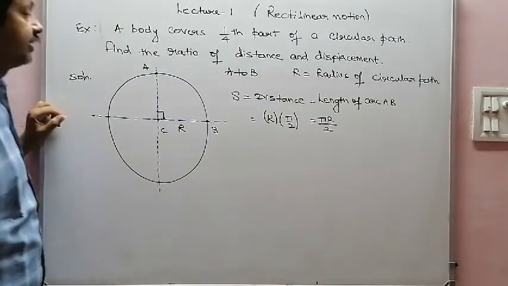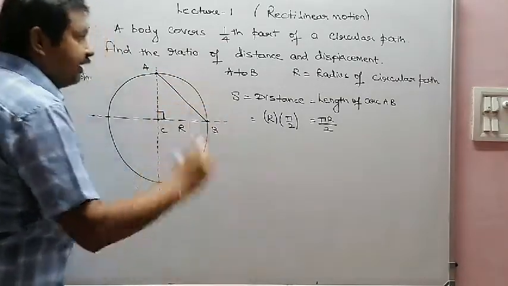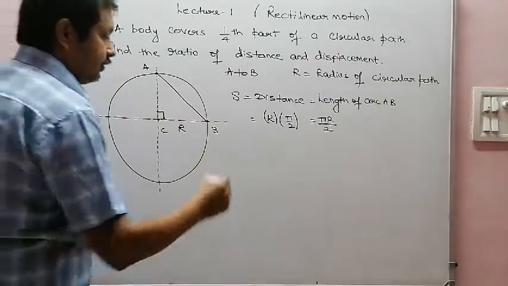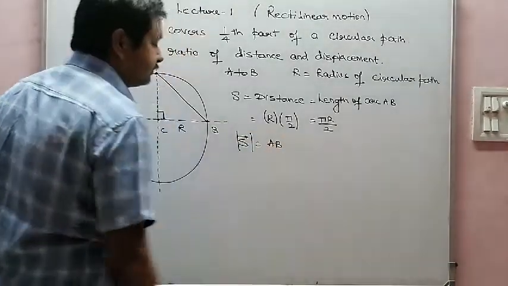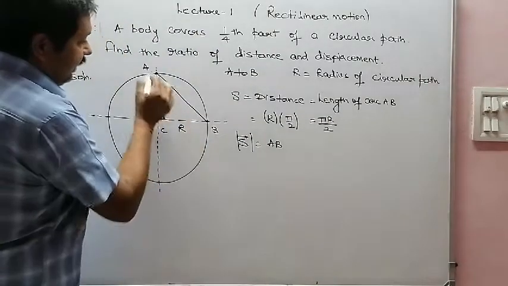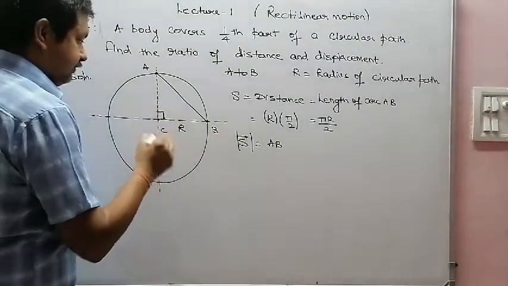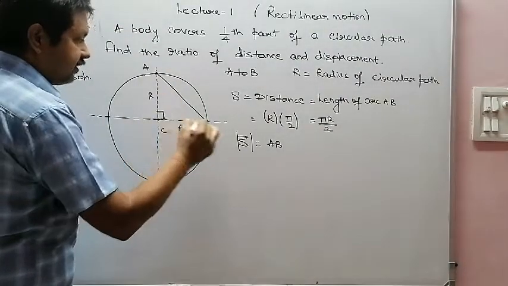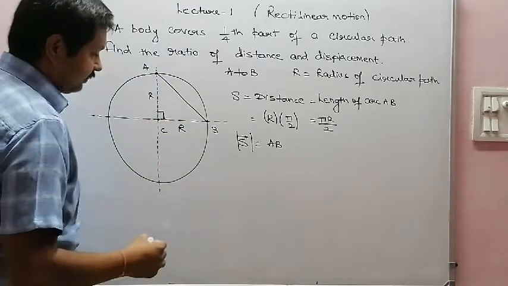Now displacement. Displacement is AB. So magnitude of displacement, that is AB, from A to B. AB is a chord. So this is R, this is R. So this becomes a right angle triangle. Triangle ACB is a right angle triangle.